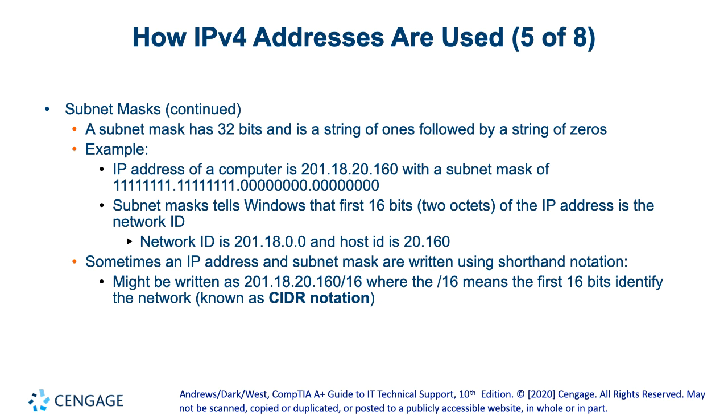The only way you could use this as a /16 is if you owned all 256 networks in the 201.18 IP range. So you would have to own 201.18.0.0 to 201.18.255.255.